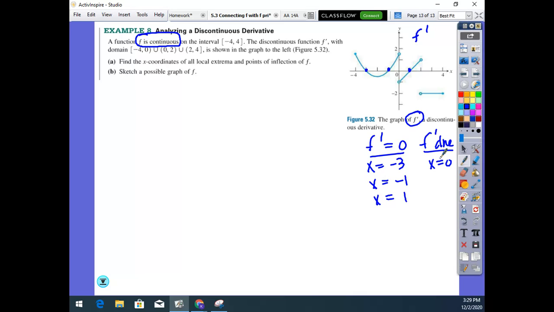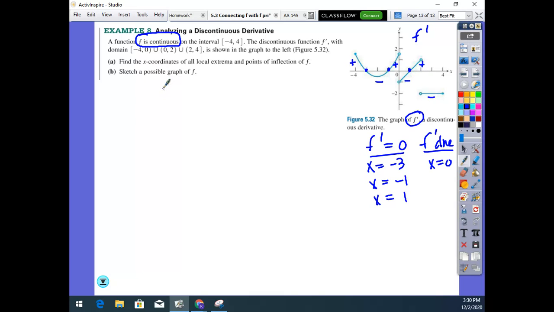That means a corner, cusp, or vertical tangent. So we're going to kind of investigate some of that. All right, so let's consider some intervals here, because F prime is positive, negative, positive, negative, positive, negative.